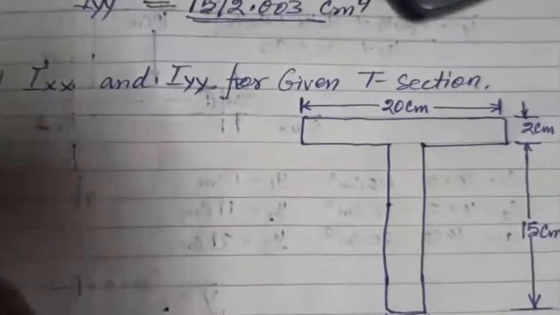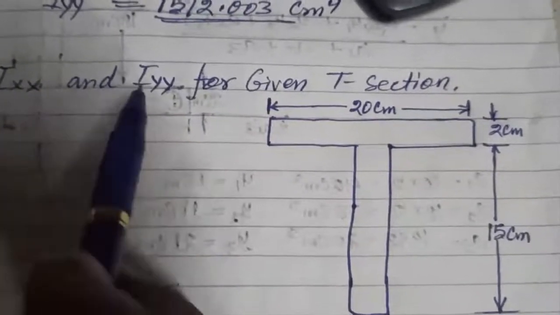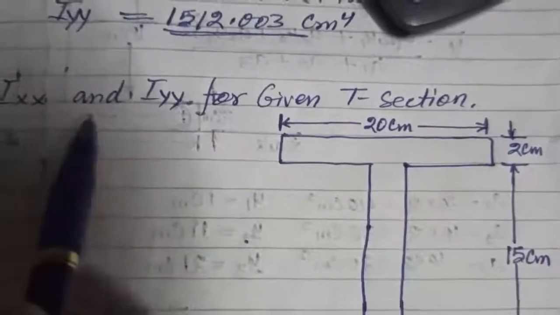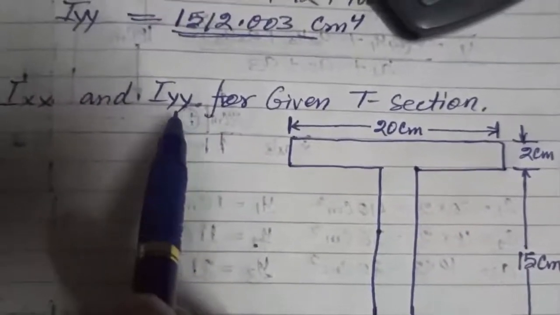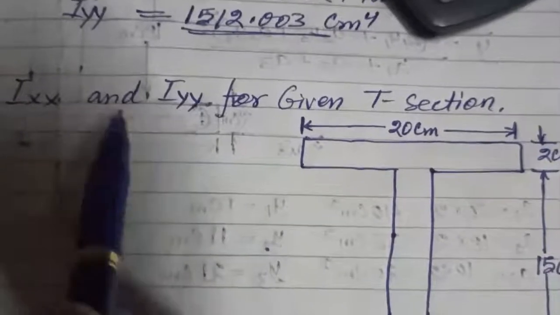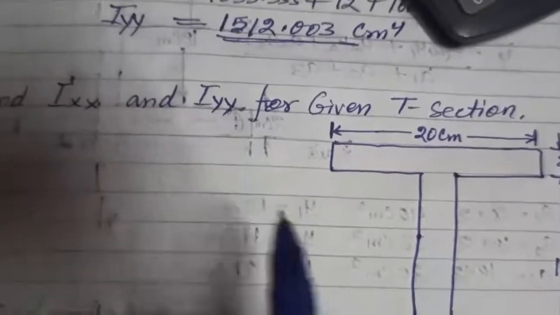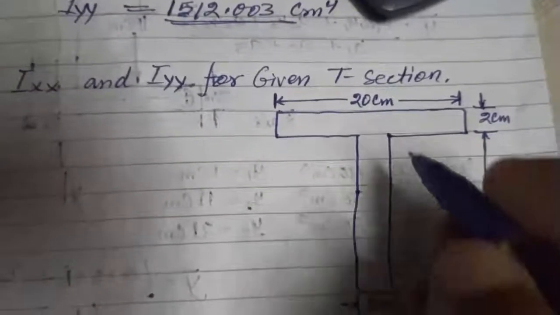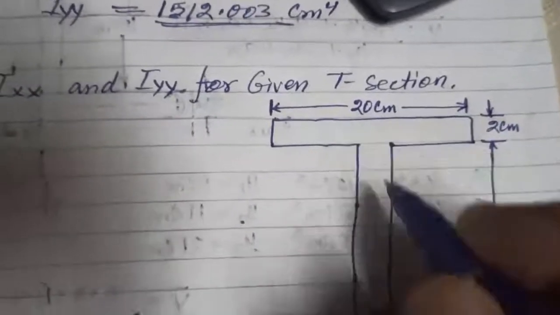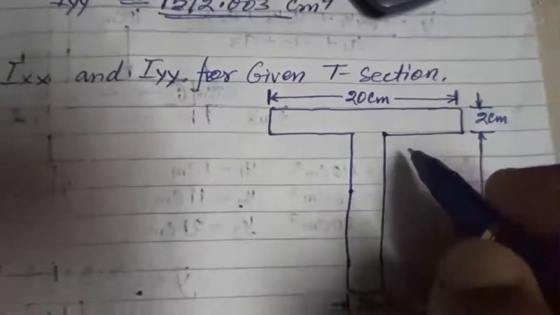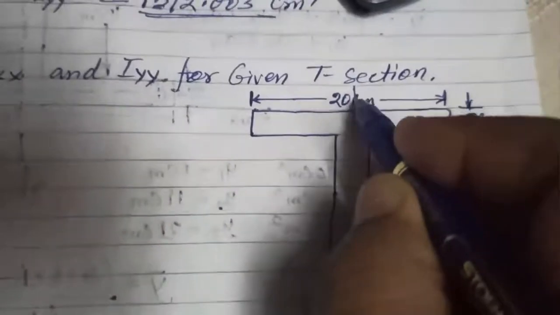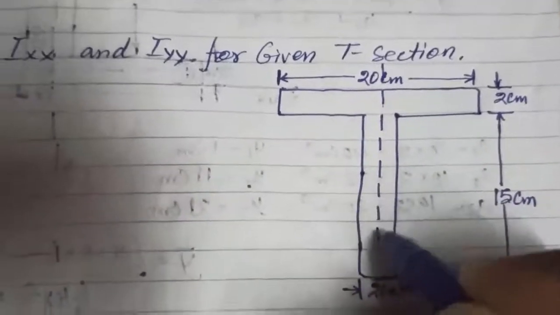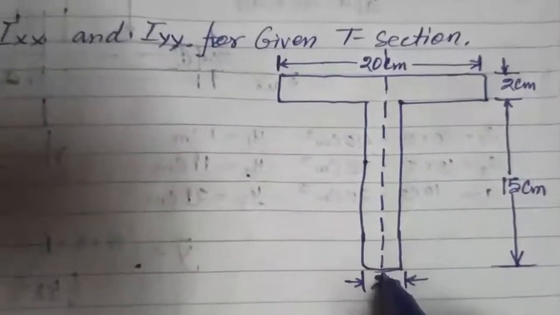Now in this question we find the moment of inertia of this T section about centroidal axis. So in this question, find IXX and IYY for the given T section. So IXX and IYY means moment of inertia about centroidal axis. So for this, as earlier, we will fix the reference lines. So this is a reference line about which it is symmetric.